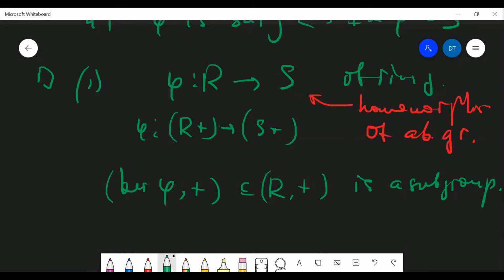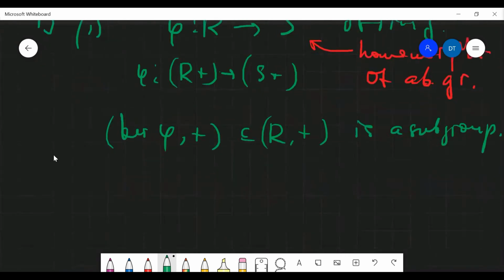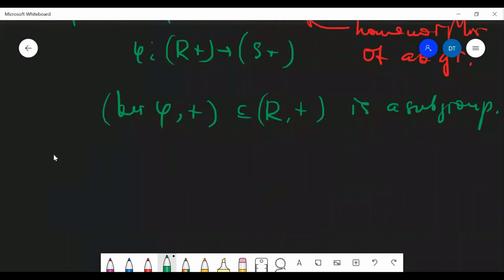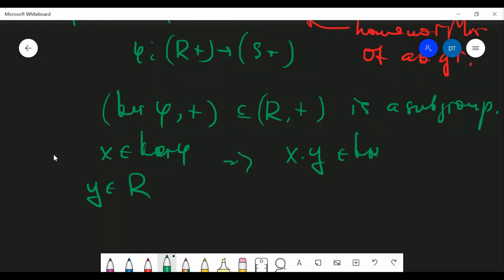So the only thing that we need to check is that it satisfies the second axiom of the definition of an ideal. This was the first axiom: it must be a subgroup inside of R. In order to check the second axiom, we need to take an arbitrary element x from the kernel and an arbitrary element y from the ring R, and we want to show that x times y is in the kernel, and y times x is in the kernel.